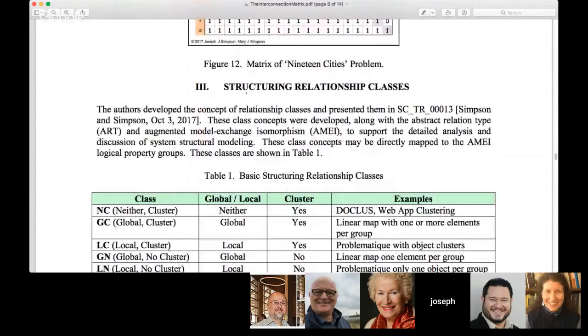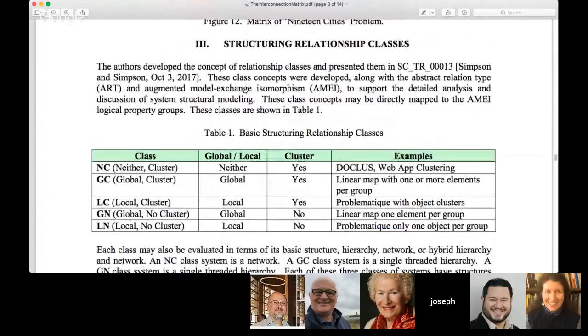We have, of course, the structuring relationship classes. We developed this last month where we talked about the 5 different classes. And so we can start separating these out now between global and local. And of course, a cluster is neither. And so we have this cluster, basically, which is a network.